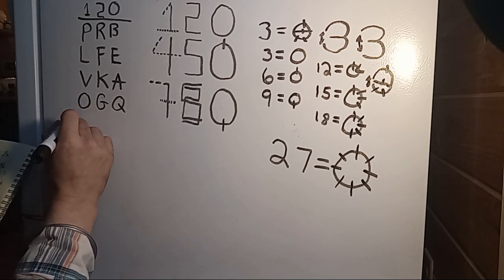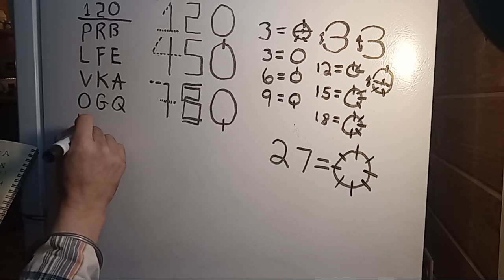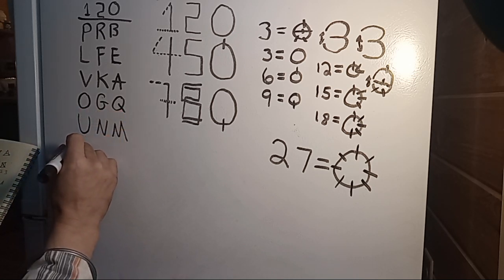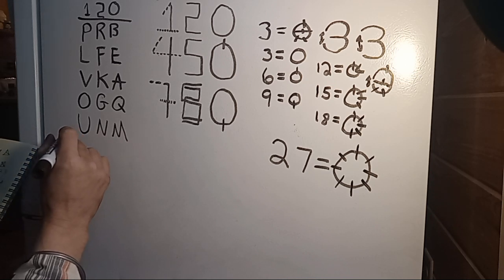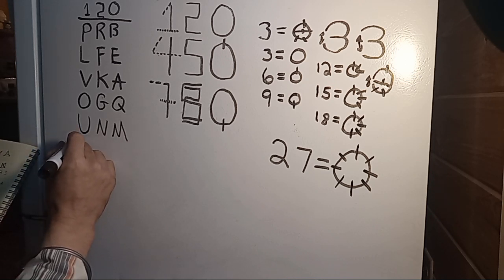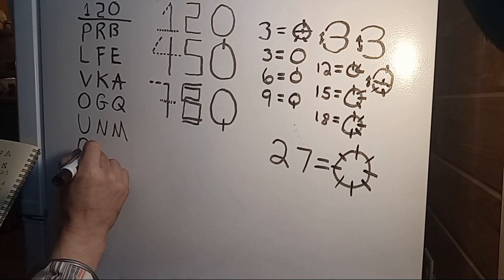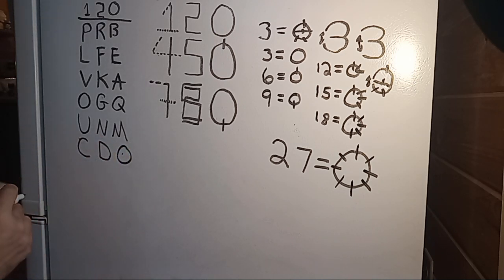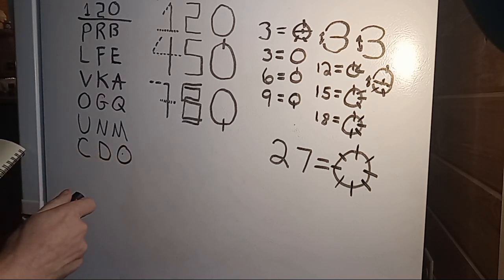So I've already used L, so we're going to go with U, N, M. And then we need to go C, D, O. And then we can go, we'll use O again.